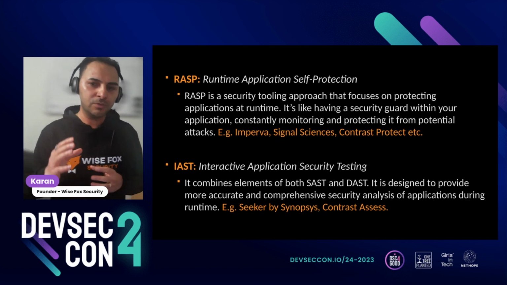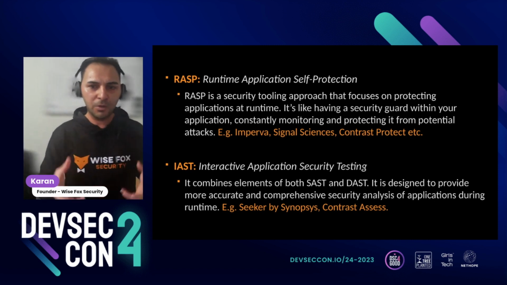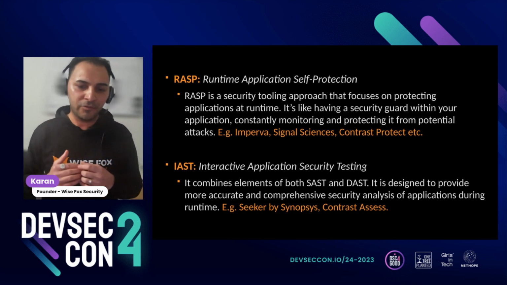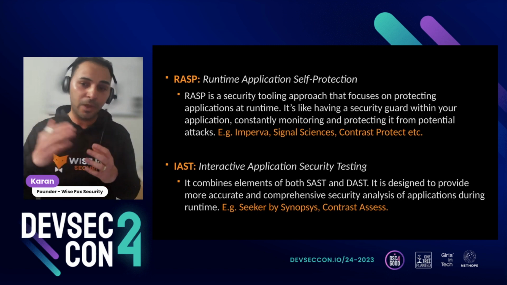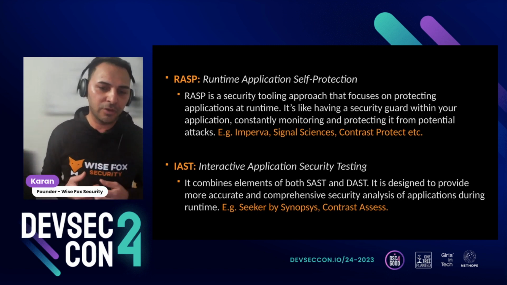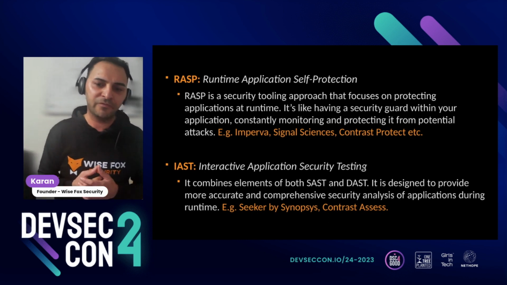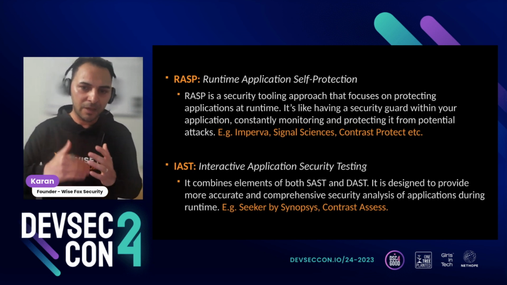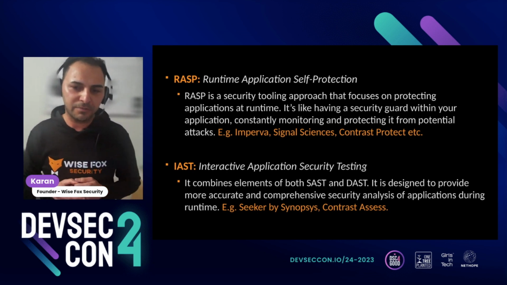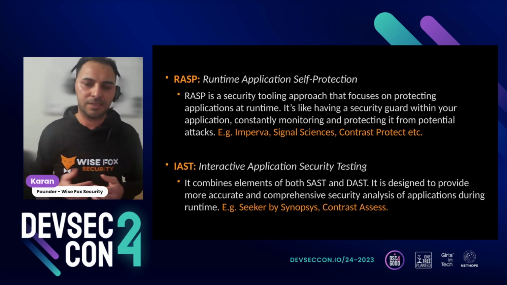You deploy an agent on your web application server, and RASP analyzes your application. Whenever your application is under attack, like if an attacker is trying to do a SQL injection or exploit a vulnerability they may have found in your application, with the help of RASP you can protect against those vulnerabilities in real time. So it provides you protection against those attacks in real time.